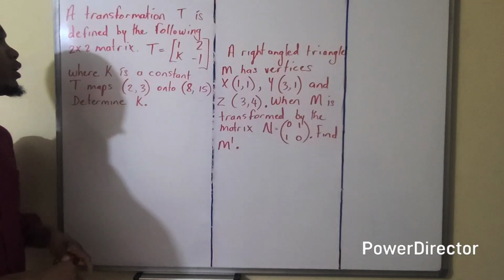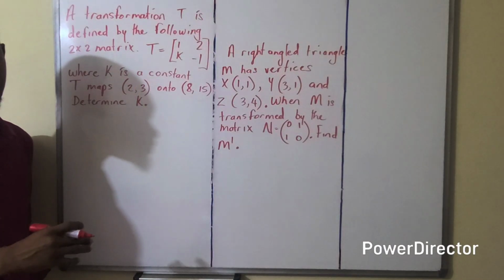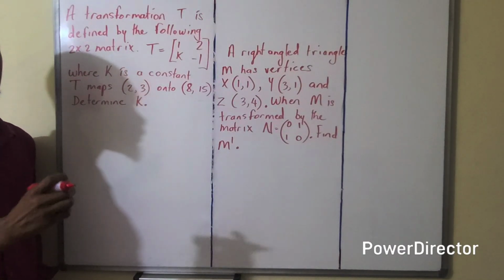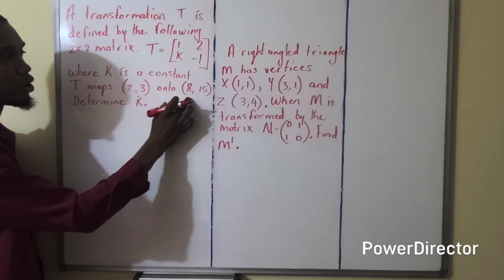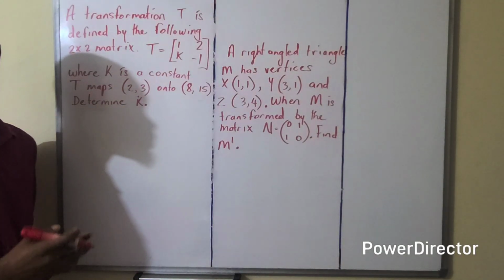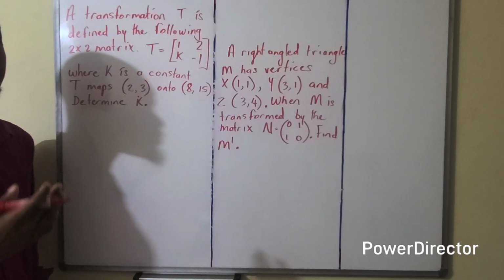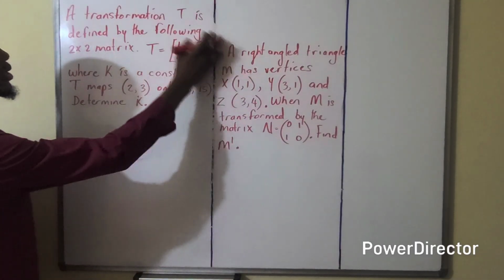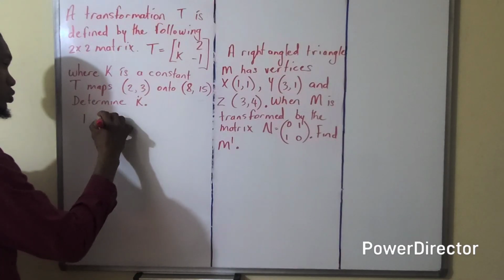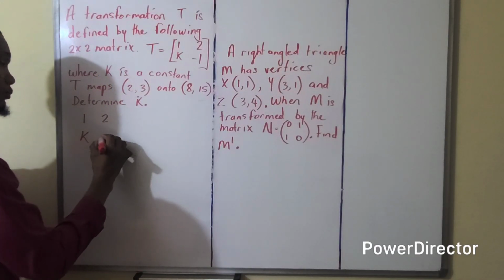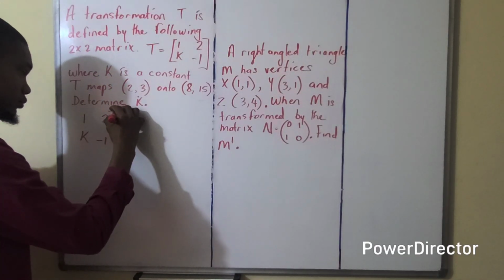Now, once you're doing matrices and transformation, most of the times, once you have the actual numbers that you're using, you put the matrix first that is being used for the transformation. So in this case, it's T that's the matrix of transformation. So 1, 2, K, negative 1.